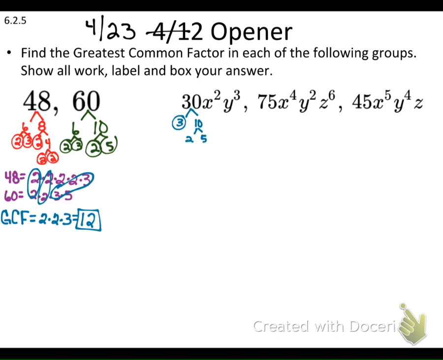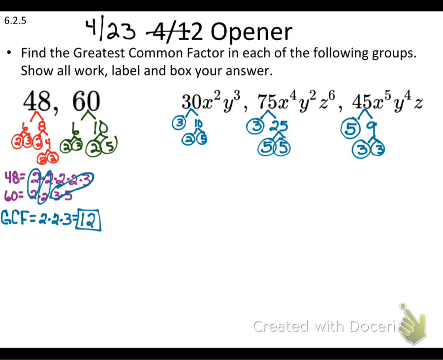Okay, Cody, for 75? 25 times 3. 5 and 5. And Kaylon for 45? 5 and 9. 3 and 3.